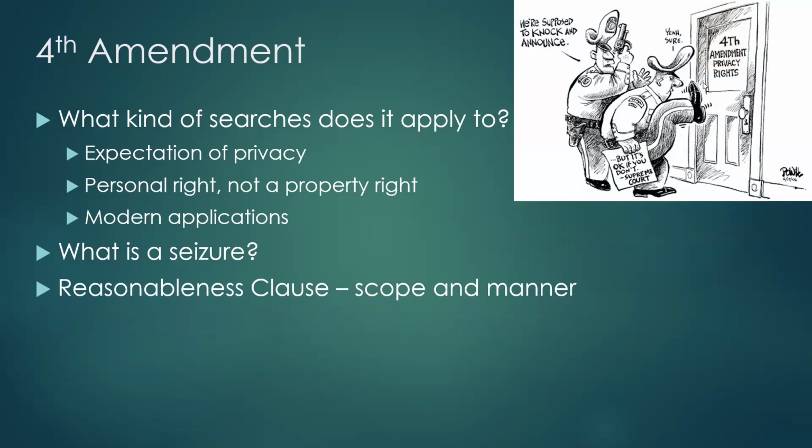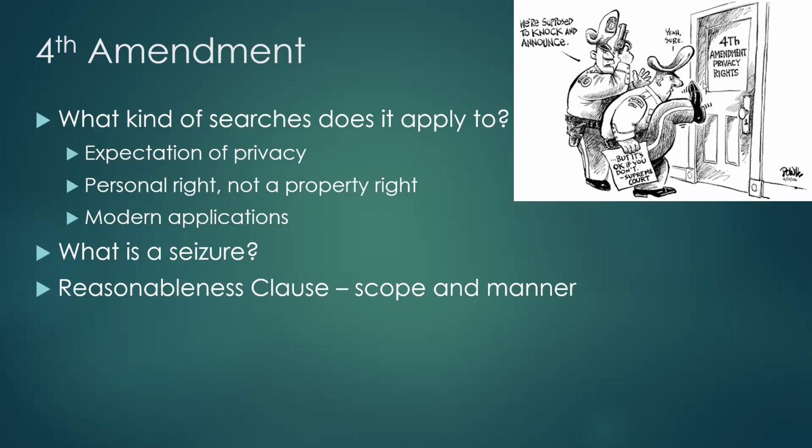The search and the seizure both have to be conducted in a reasonable manner and a reasonable scope. The scope and the extent of the search must be reasonable in light of what the police know. If the police officer only has some sort of suspicion of criminal activity, then the scope of the search is far more limited than when they have actual probable cause to believe that the individual has committed a crime or has contraband.